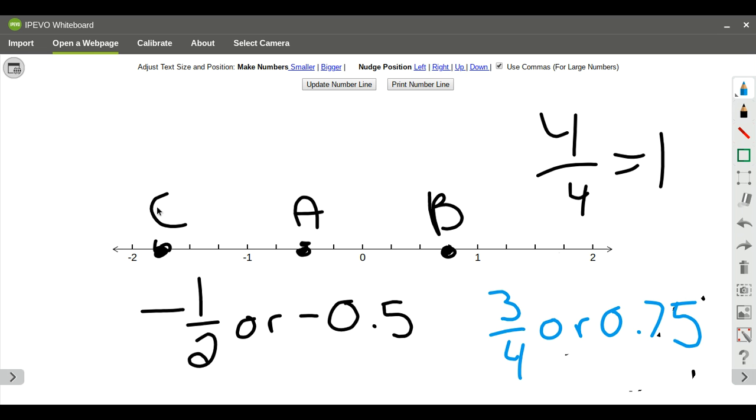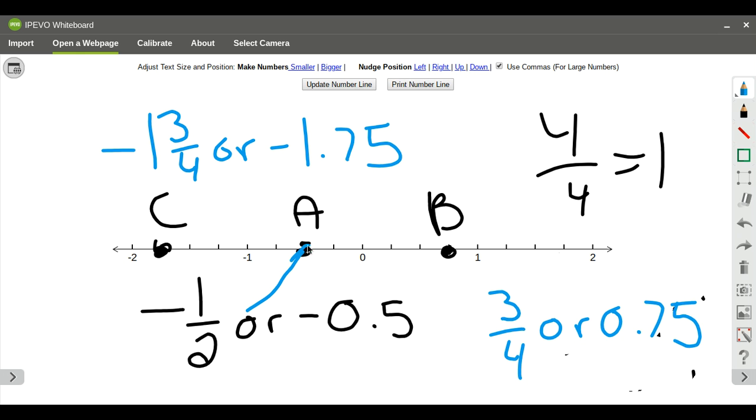Okay, and then point C, so I'm going to count, I'm at 1, 1 1/4, 1 1/2, 1 3/4, but because it's negative, it's going to be negative 1 3/4 or negative 1.75. So this is my point A, point B, and then point C.